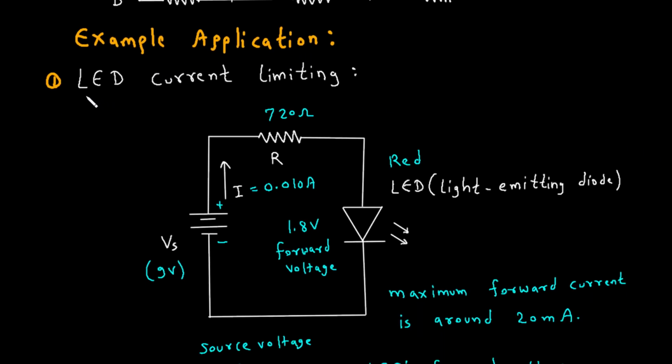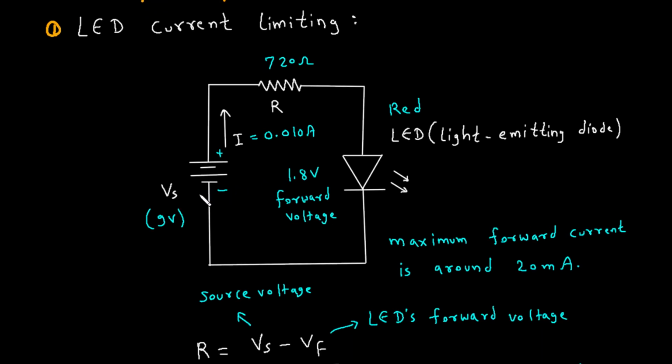Example application number 1, LED current limiting. Now these are the applications of a resistor. Let's see LED current limiting. To operate the LED, that is a light emitting diode, we have to limit its current, otherwise it will blow. So we need proper current to operate the LED. Now here the supply voltage is 9 volt and the LED's forward voltage is 1.8 volt.